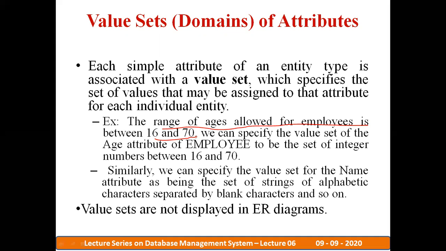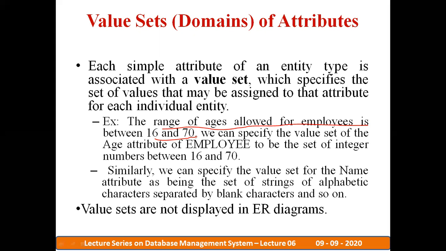Consider one more example. If you are storing an IPL teams database, it should have only 8 team names. It should not have Big Bash League names, or the Trinidad and Tobago name, because those are not included in the IPL teams. Similarly, we can specify the value set for the name attribute as the set of strings of alphabetic characters separated by blank characters, and so on.